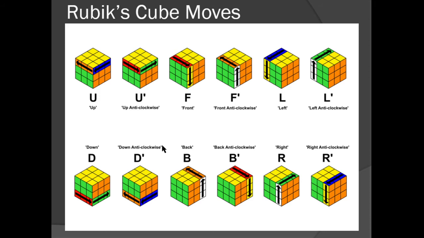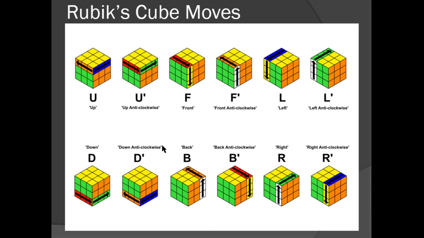That's for U. And then for U prime, you need to rotate the upper layer of your Rubik's Cube 90 degrees counterclockwise or anti-clockwise. Just follow the arrows in moving your cube.